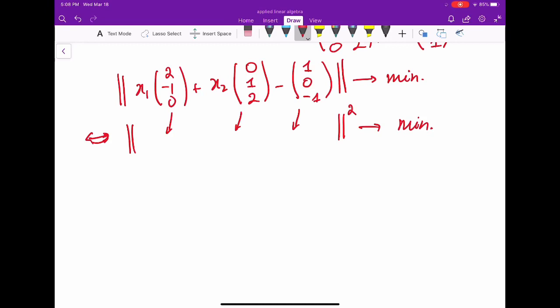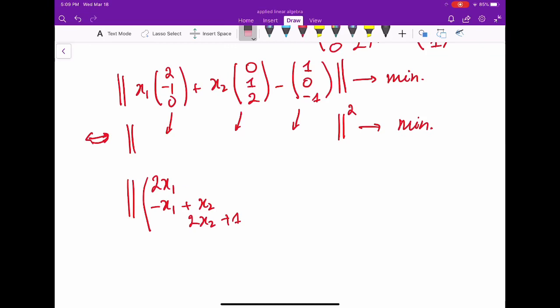So I can write the norm of the following: 2x1, x2 with 0 is just 0, minus 1. That is the first coordinate. The second one, negative x1 plus x2 minus 0, which is 0. The third, x1 with 0 is 0, 2x2, and then plus 1.